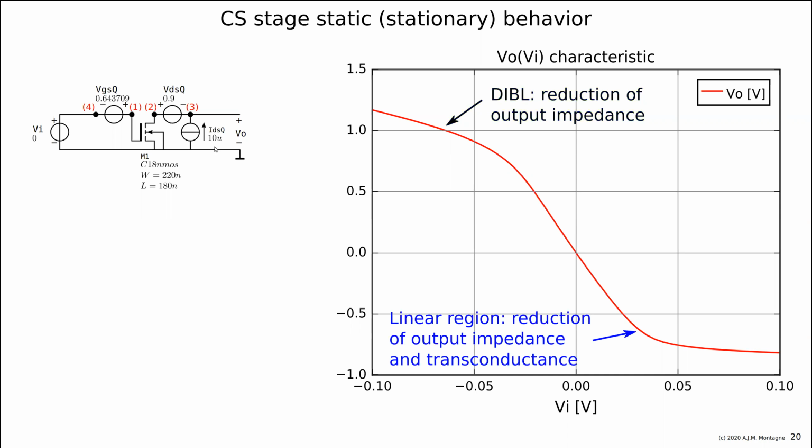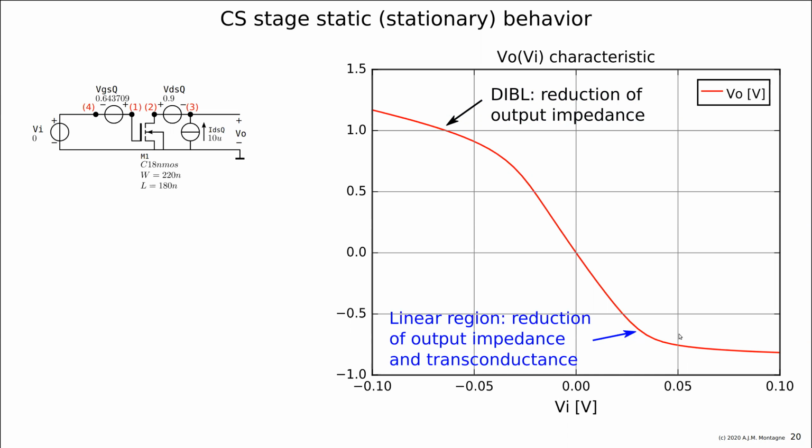And at the other side, we see that if we drive the transistor in saturation, so in the linear region basically, so we have a negative output voltage. You see almost 0.9 volt here. 0.9 is really the limit. So 0.9 volt, then this will be 0 voltage here, and the transistor will operate in its linear region, and the output impedance is much lower, and the transconductance is much lower, as I hope you know from device physics.